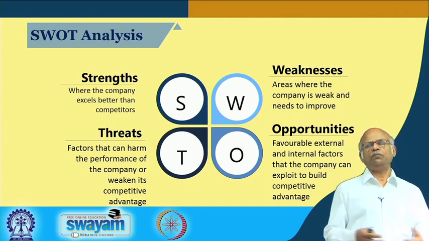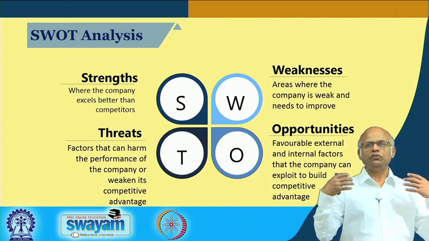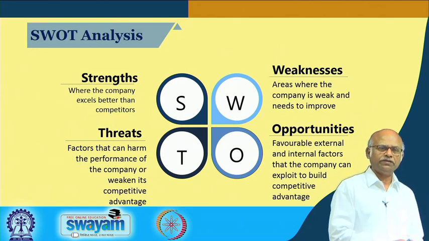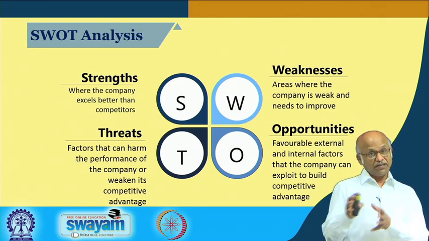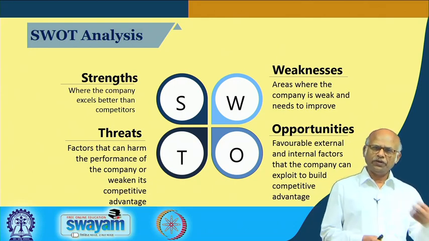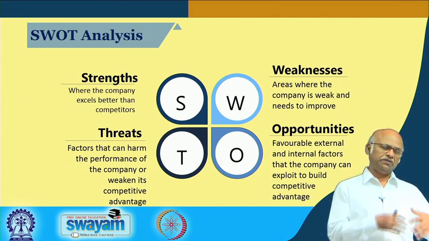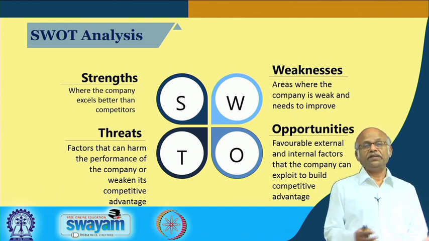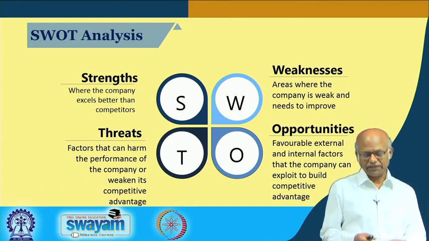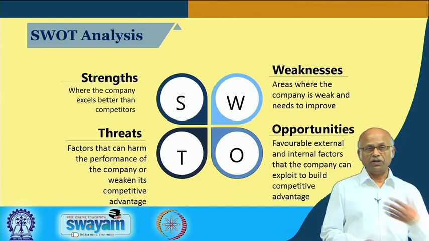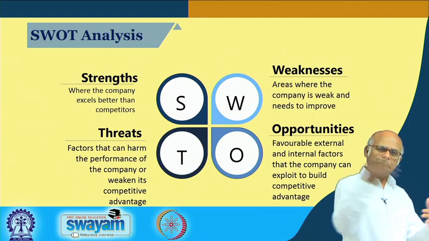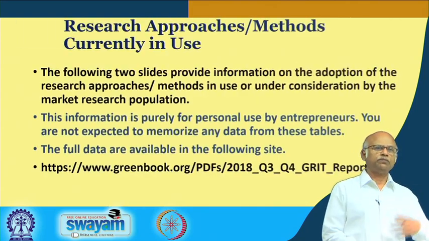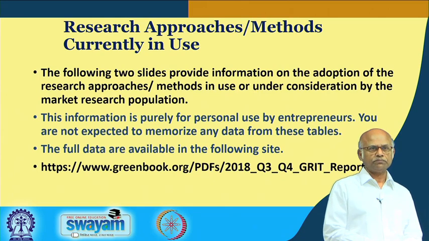Opportunities are favorable points where you can actually grow, you have the wherewithal, and you just need to understand that these are the opportunities we can diversify or exploit. Threats are where you have a weakness and there is a challenge, meaning your competitors are going to hammer on that and then move ahead of you.